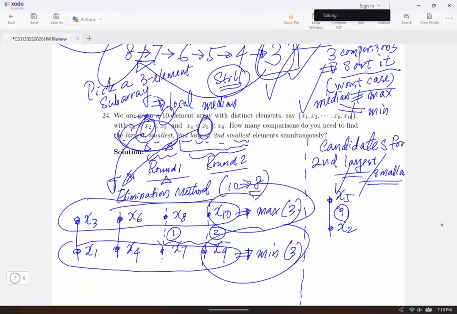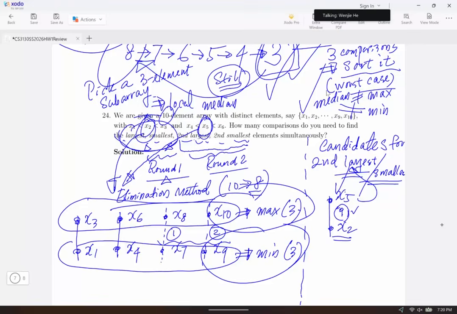After we use one comparison here, an immediate consequence is that x5 is qualified for the second largest, but x2 is not, because it is the loser to x5. X5 has a chance to be the second largest, but x2 has no chance, because x5 is larger than x2.